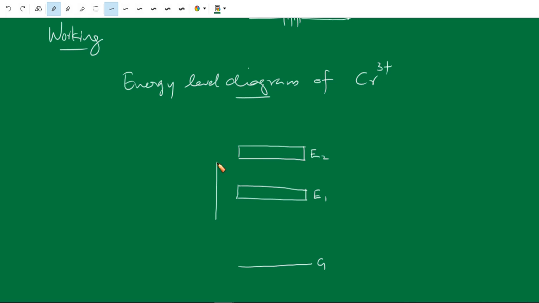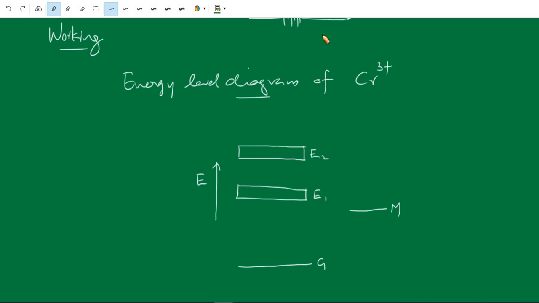This is the increasing order of energy; energy is kept on this axis. There are other levels. This is another, intermediate level, a metastable state.